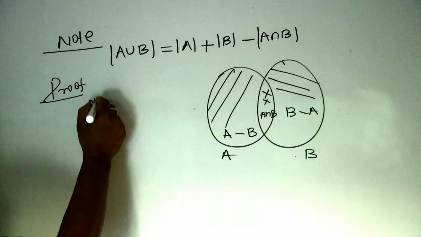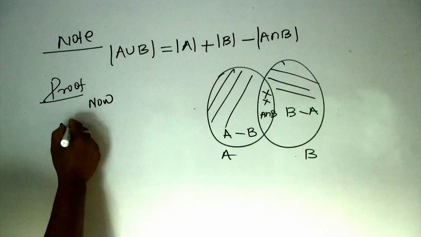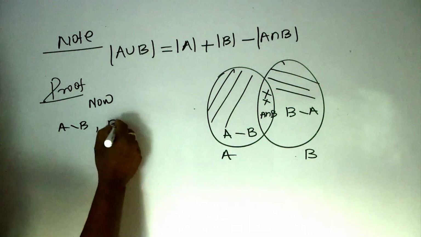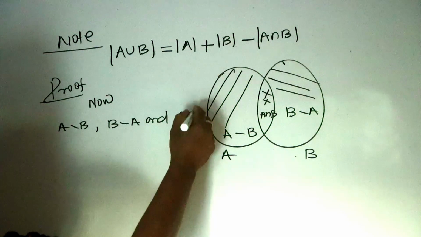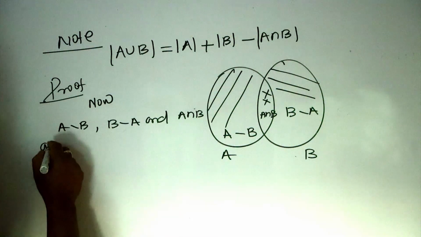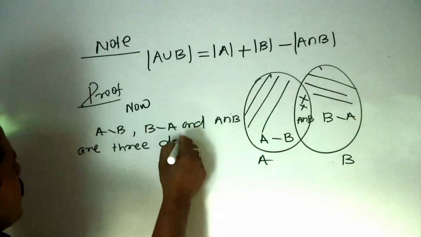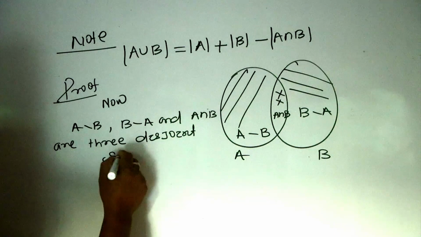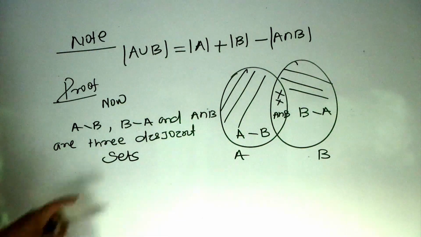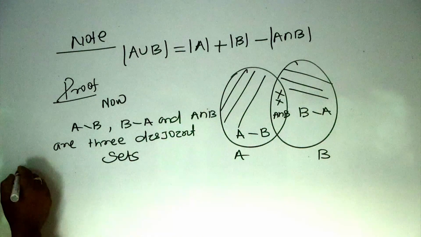Now A difference B, B difference A and A intersection B are three disjoint sets. These three are disjoint sets because they have no common element.